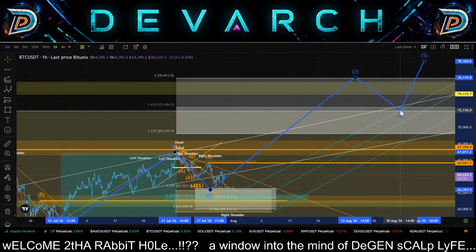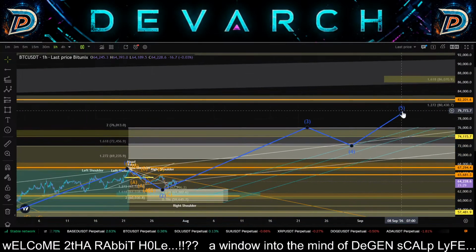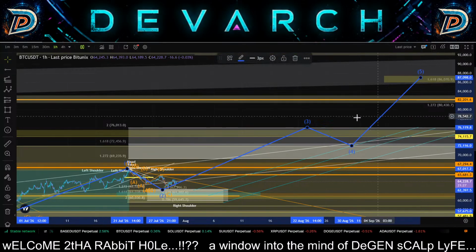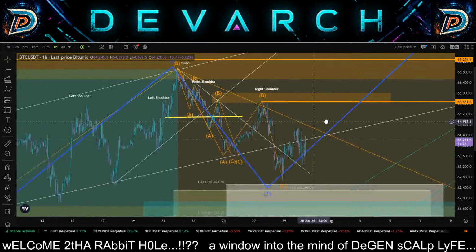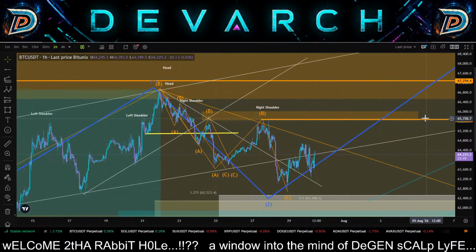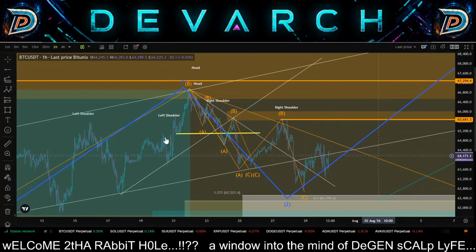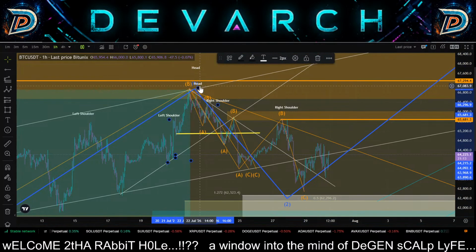Because if it moves up from here and doesn't have a corrective move from current price, this will be more relevant, and you can see that we're actually currently in the blue impulse wave.